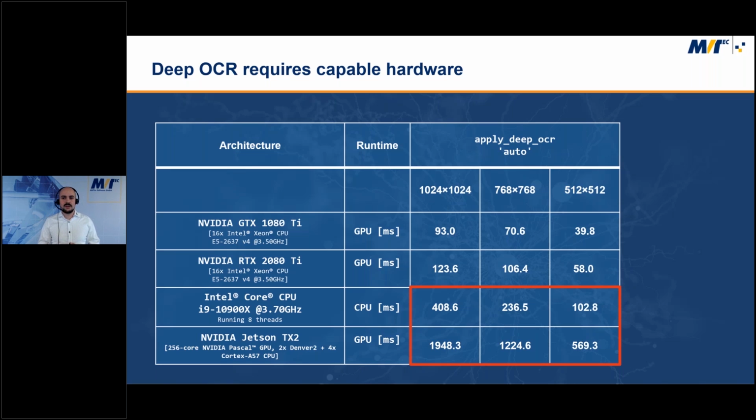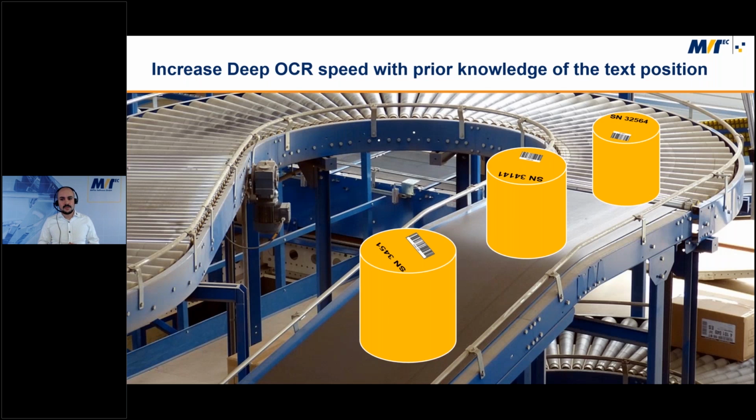So the question, of course, arises now, okay, I need it faster on such kind of hardware. Is there some way to speed up this whole Deep OCR? Or do I have to wait for some further releases or better hardware to be able to use this feature? So there's an answer I can give you on this. You can speed up our Deep OCR functionality in case you have prior knowledge on where your text is located.